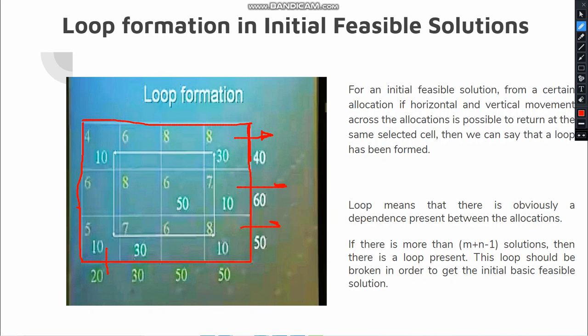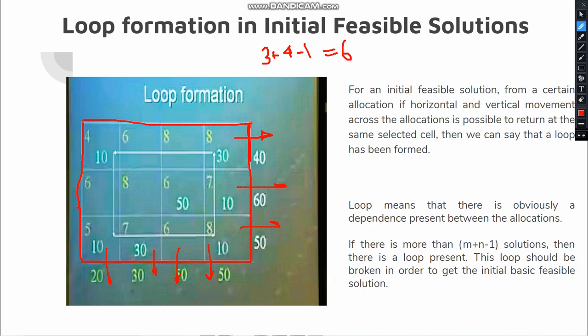There are 3 supply points. There are 4 demand points. So the number of supply points equals 3, the number of demand points equals 4. So the number of allocations should be equal to 6.